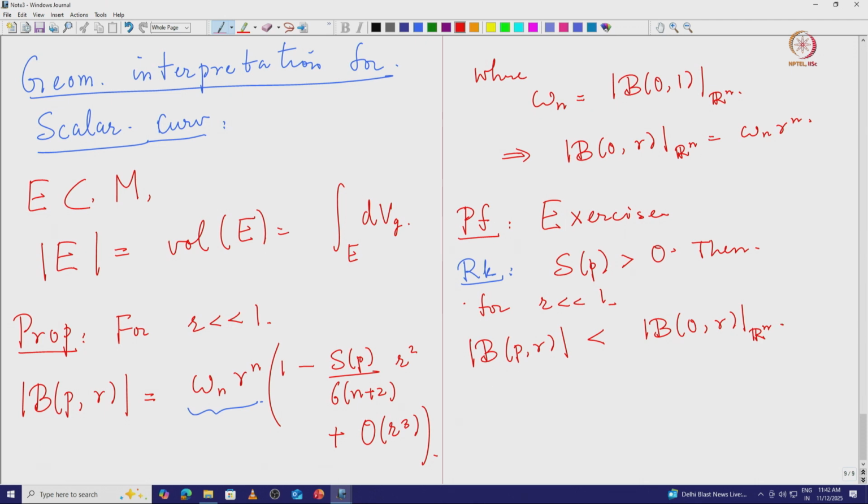And similarly, if the scalar curvature is negative, then the volume will be larger. Again, this goes back to the intuition that if the curvature is positive, then the geodesics sort of come together so that the ball that it will sweep out will in general be a smaller ball than in Euclidean space. Similarly, for negative curvature, the geodesics spread out, so the ball that it will sweep out will in general be a larger ball, right.